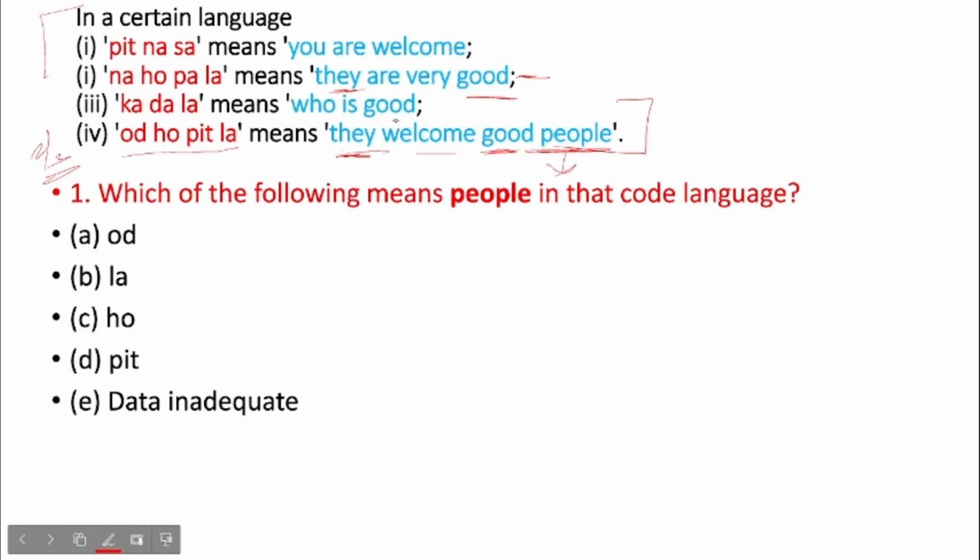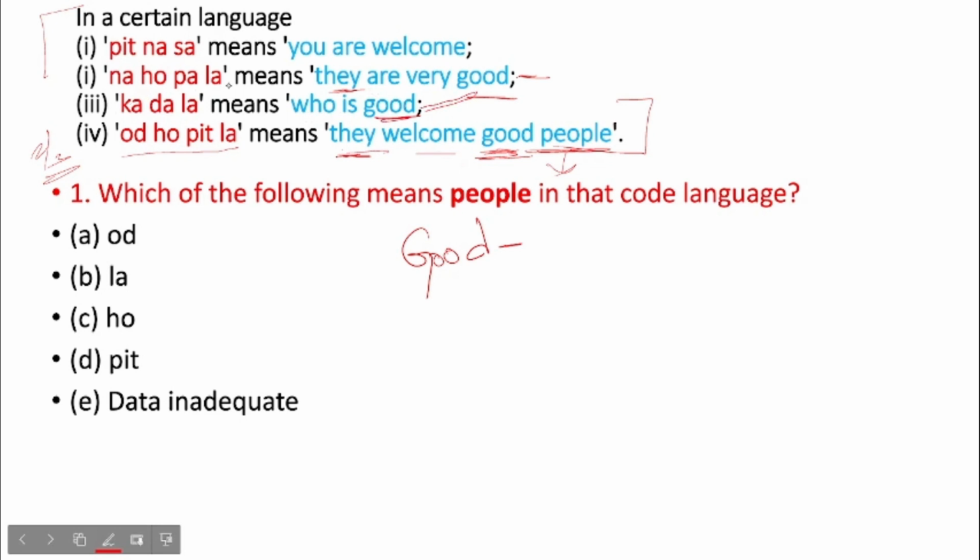If you take good, good is present in the second, third, and also fourth statements. So it's easy to find good first. In the third statement and second statement, the only common word is good.